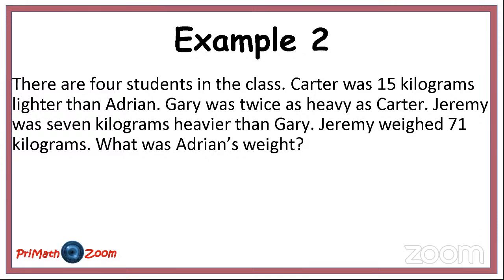So if Jeremy is 7 kilograms heavier than Gary, it means that Gary is 7 kilograms lighter than Jeremy. And so we need to subtract that 7 kilograms from what Jeremy's mass is.